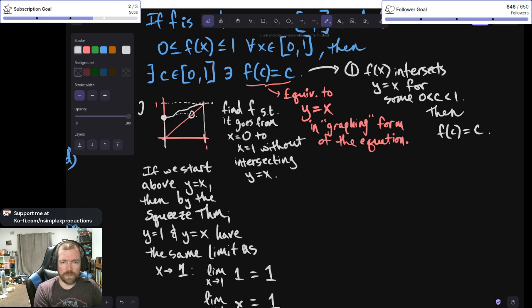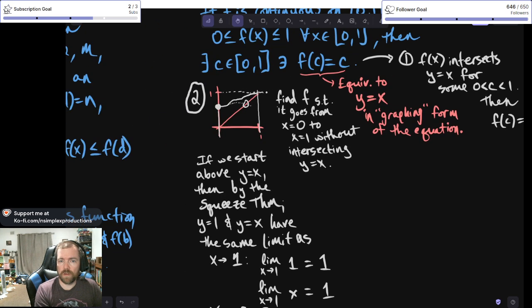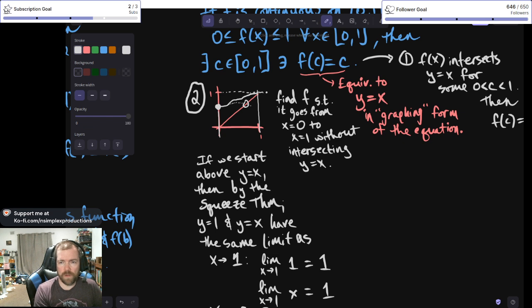Case 2. We start with a value that is above 0, right? f at 0 is greater than 0, strictly.